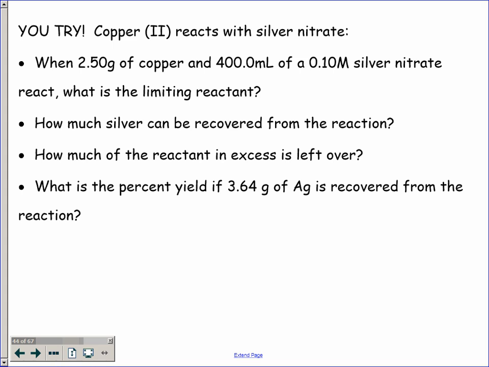For grams, you just convert. Copper is 63. Calculate. 0.03. There's 3 cases that work.